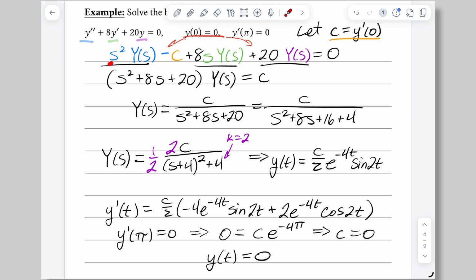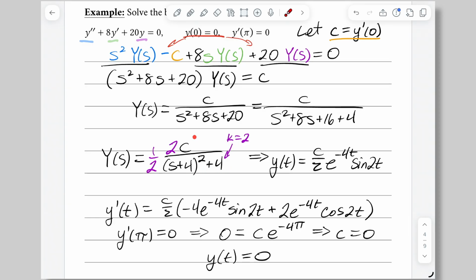Factoring out the y of s terms, we get (s squared plus 8s plus 20) times y of s is equal to c. And so y of s is equal to c divided by s squared plus 8s plus 20, and I'm expressing 20 as 16 plus 4. So that becomes y of s is c over (s plus 4) quantity squared plus 4.